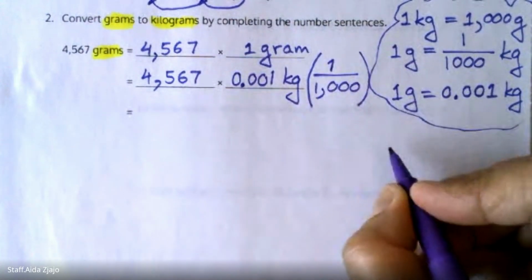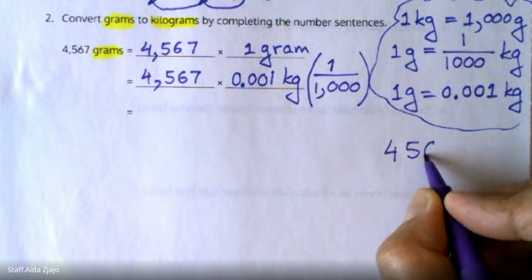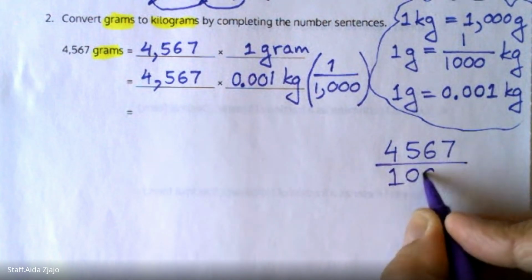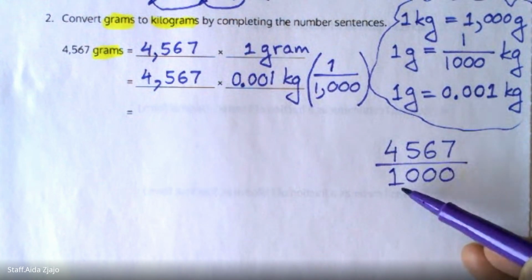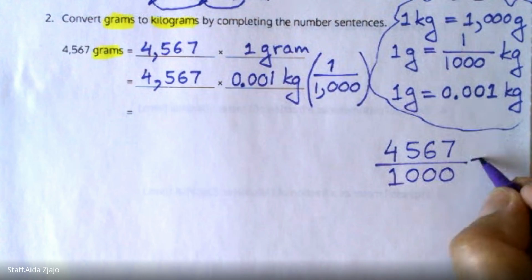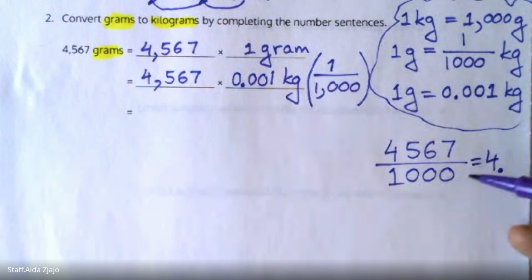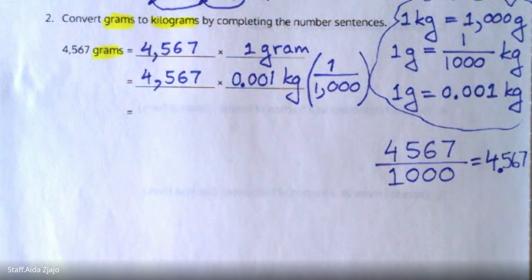So if you think of 4,567 divided by 1,000, you can see that 4,000 divided by 1,000 is going to give you 4 wholes. So you really have 4 whole kilograms, and the rest is 567 out of the next kilogram.